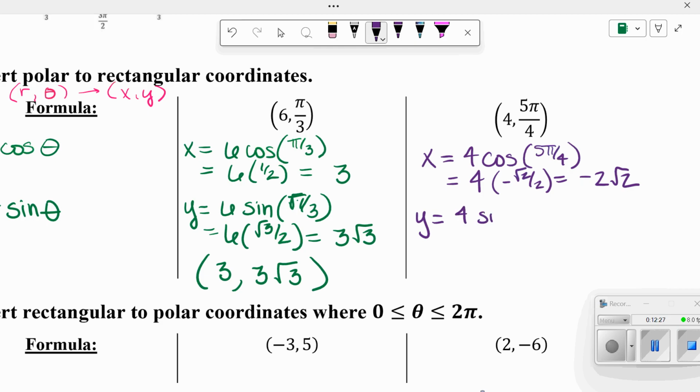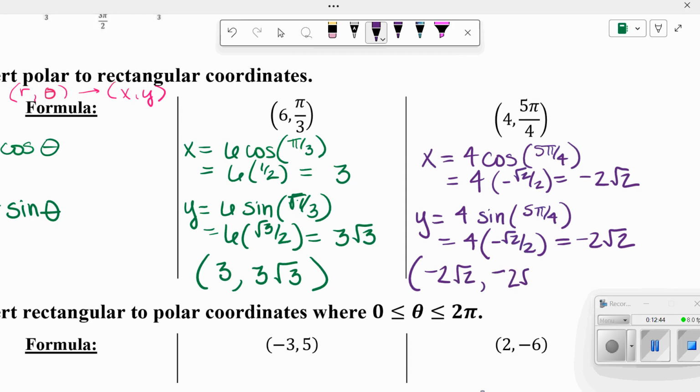So 4 sine of 5 pi over 4. And again, the sine value of 5 pi over 4 is a negative square root of 2 over 2. So we're getting the same value on that one. So the rectangular answer for that would be negative 2 square roots of 2, comma, negative 2 square roots of 2. So that's how you take a polar and change it back into rectangular.